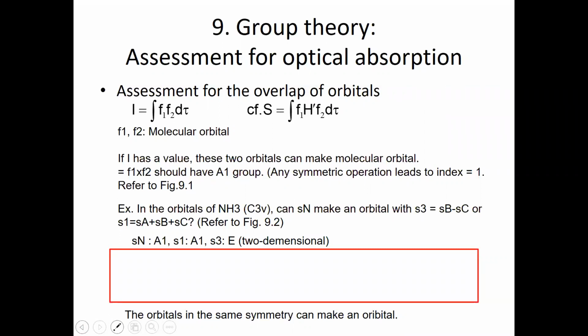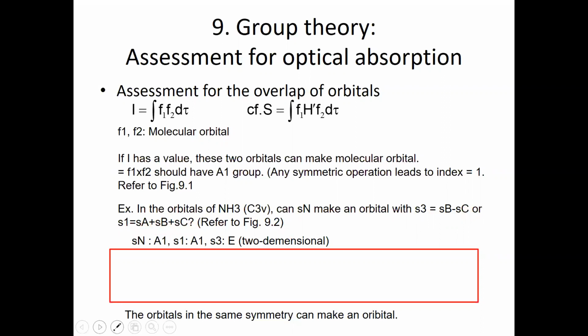So let's check one example: the orbitals of NH3, which is categorized into the C3v group, right? Can Sn, the S orbital of N, nitrogen, make an orbital with S3, which is composed of the S orbital of B minus the S orbital of C, or S1, which is equal to the S orbitals of A, B and C?